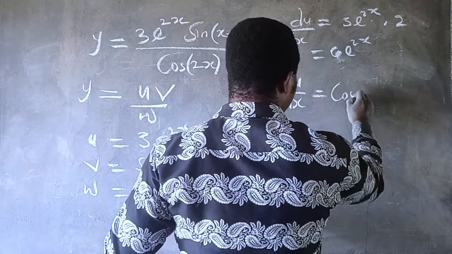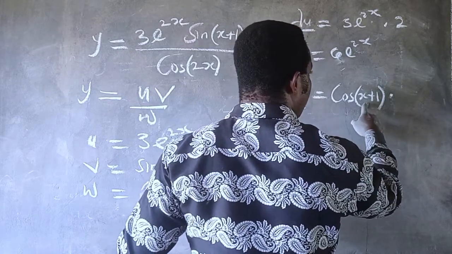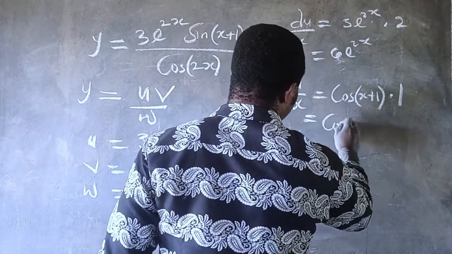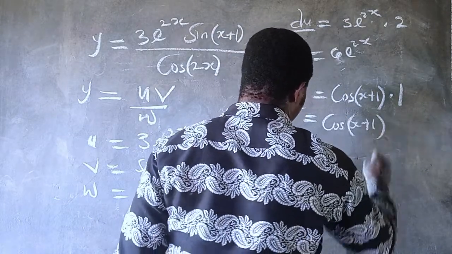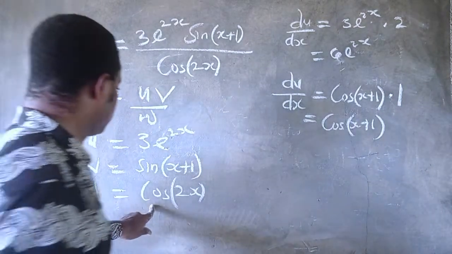So what of the derivative of v, for sine of (x plus 1)? It is cos of (x plus 1) multiplied by the derivative of x plus 1, which is 1. And that is why that is simply cos of (x plus 1).